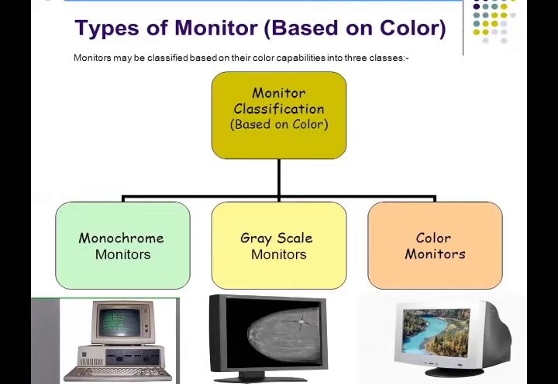Monitors that are 16 or more inches diagonally are often called full page monitors. In addition to their size, monitors can be either portrait, where height is greater than width, or landscape, where width is greater than height.